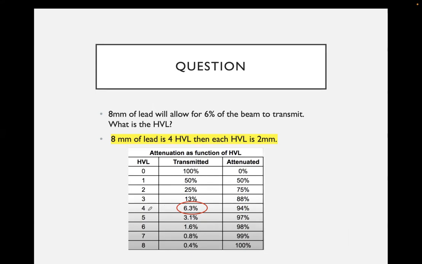So 8 millimeters of lead is 4 half value layers. Then each half value layer is 2 millimeters. So 2, 4, 6, 8.